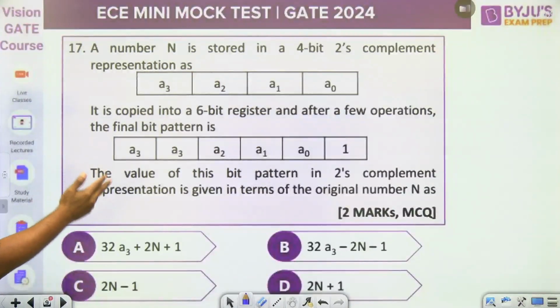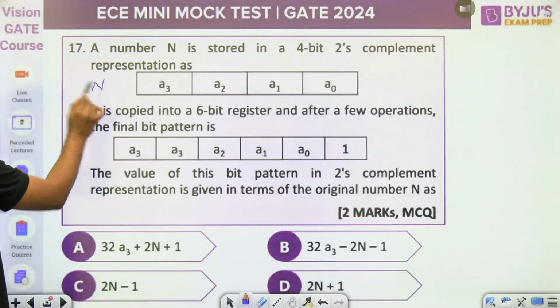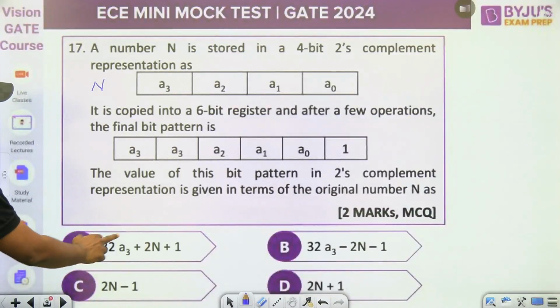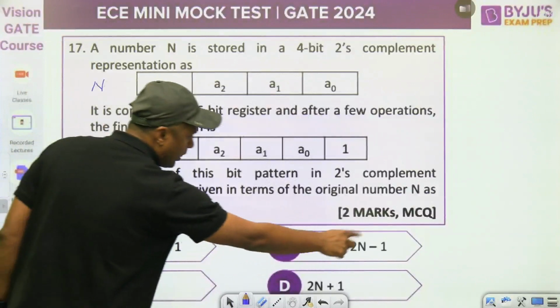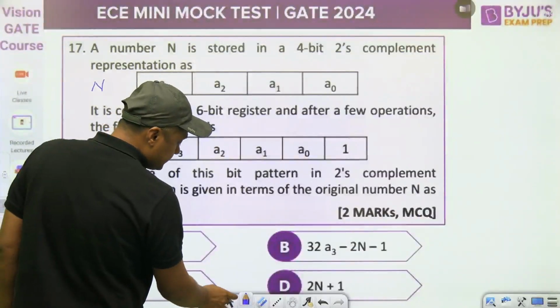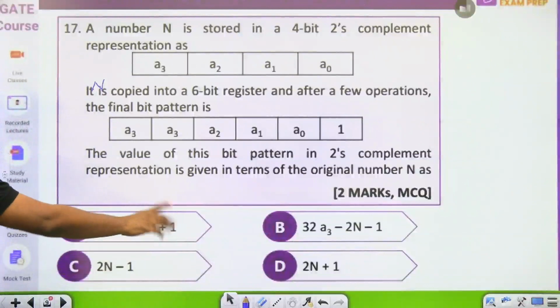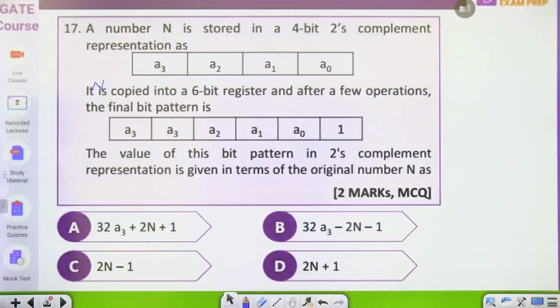The value of this bit pattern in 2's complement representation is given in terms of the original number n as. First option is 32A3 + 2n + 1, then 32A3 - 2n - 1, then 2n - 1, 2n + 1. These are the options, guys.